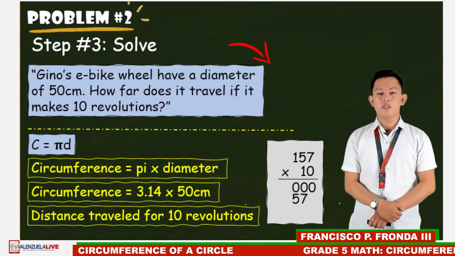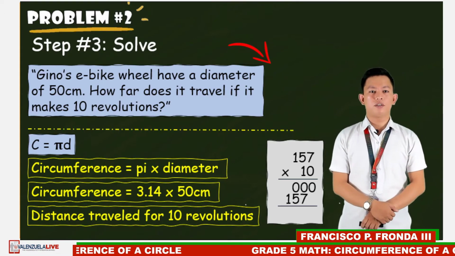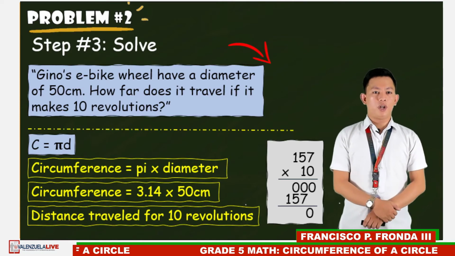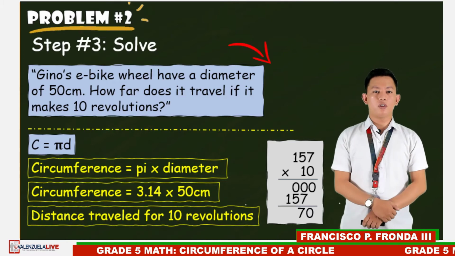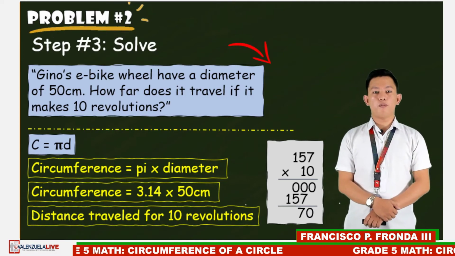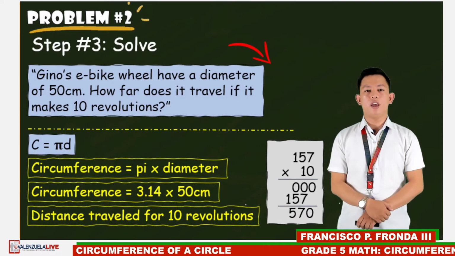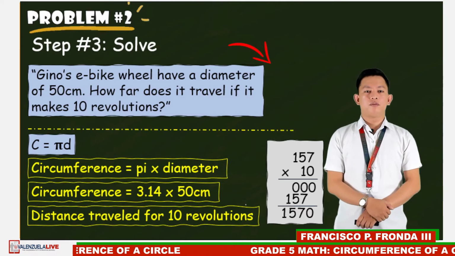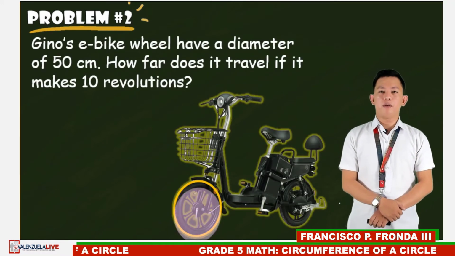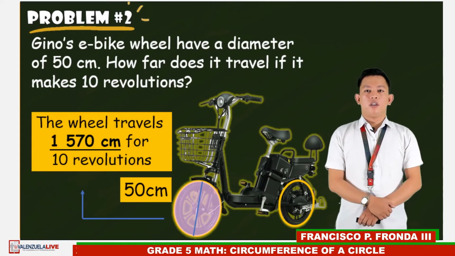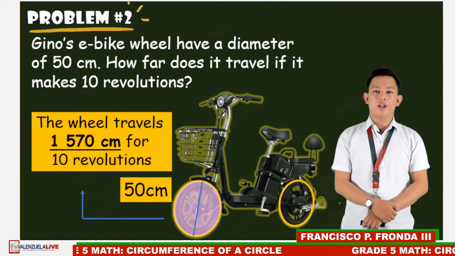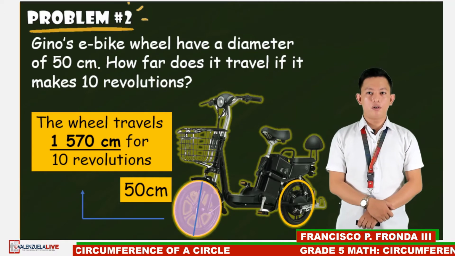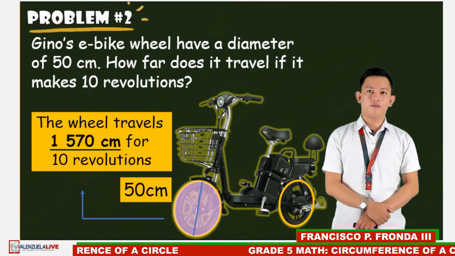And then 1 times 1, the answer is 1. Then add. Bring down 0. 0 plus 7, the answer is 7. 0 plus 5, the answer is 5. And then bring down 1. Therefore, grade 5 learners, the wheel travels 1,570 centimeters for 10 revolutions.